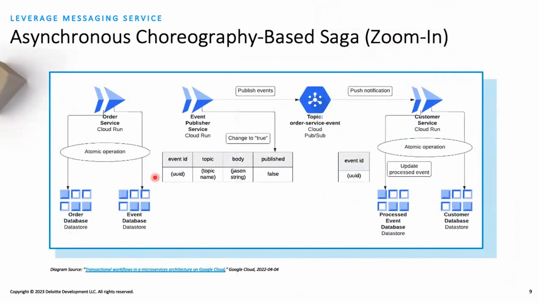Later, the event publishing service, which is here in this example, periodically scans the database and publishes events for which the published column is false. After successfully publishing an event, it changes the published status column to true.